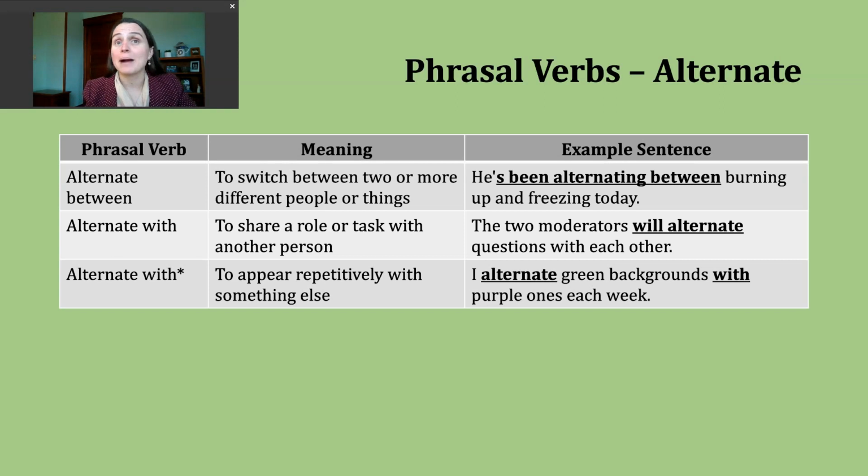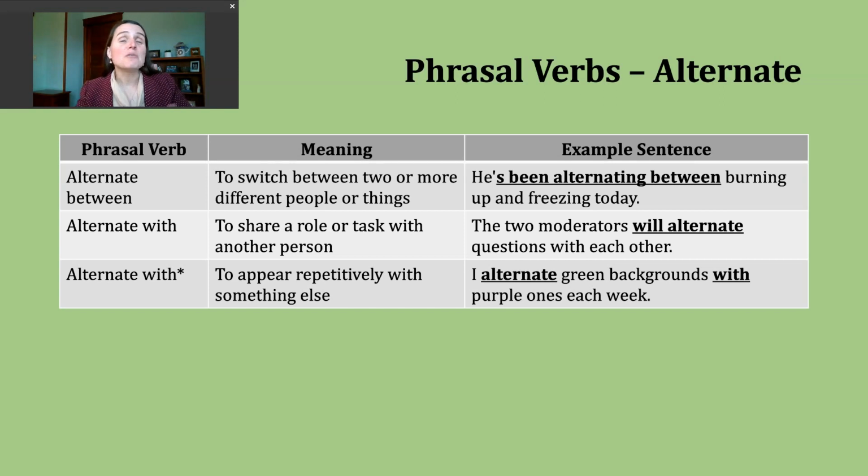Another phrasal verb you might encounter is to alternate with. This can have a couple meanings. One would be to share some role or task with another person. An example of this might be, the two moderators will alternate questions with each other.